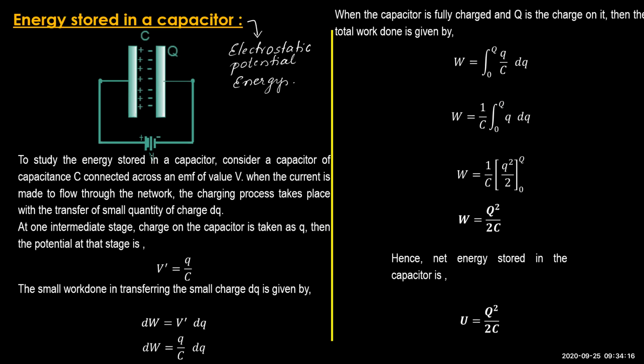Whenever there is accumulation or storage of charges on the surface of any conductor, there will be some kind of energy associated with them because of their position. That energy is called the electrostatic potential energy.